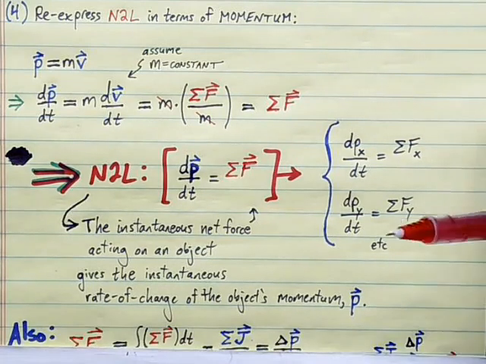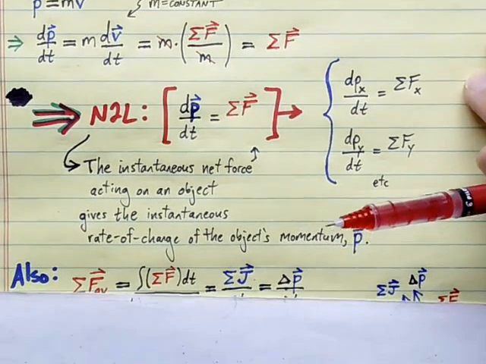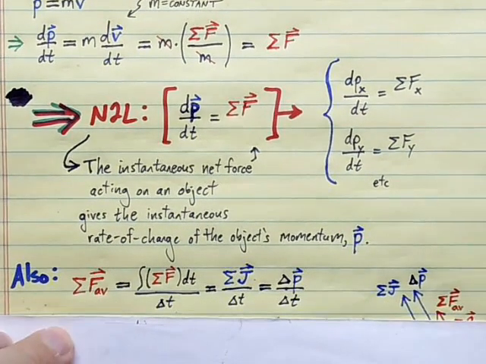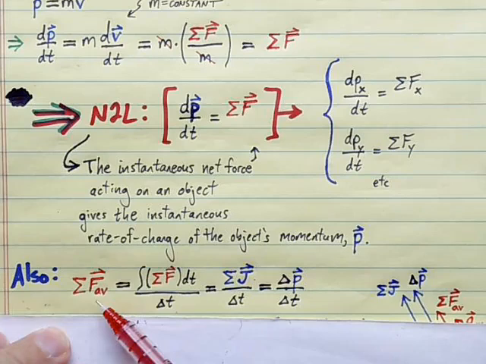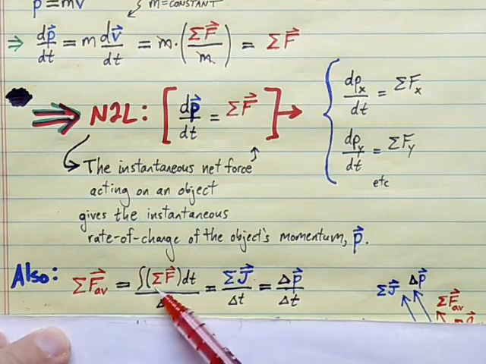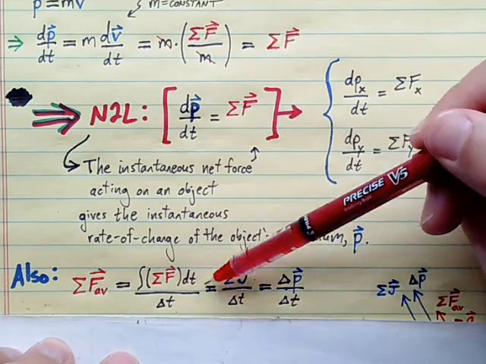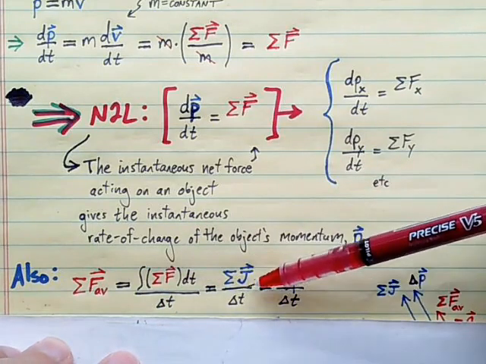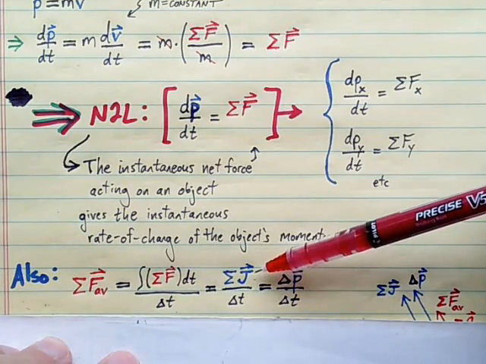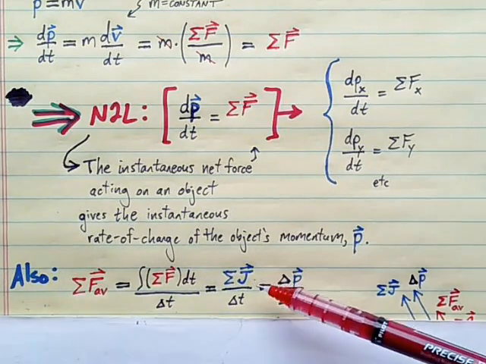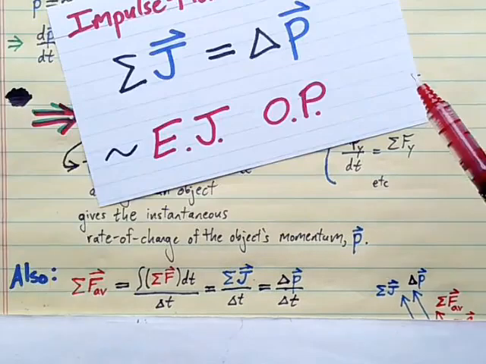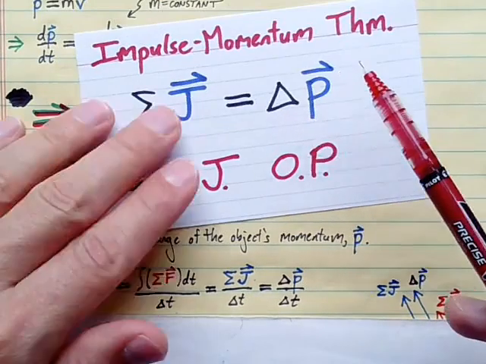One more way of rearranging this would be to note that the average net force acting on an object over some time interval is defined as this time integral over the time interval, and we know this time integral is equal to our net impulse, and our net impulse by our impulse-momentum theorem is equal to the change in momentum.